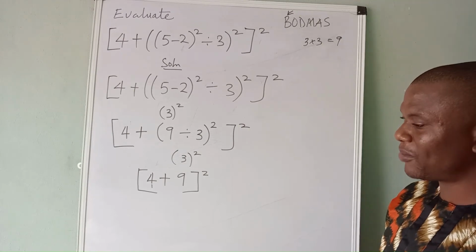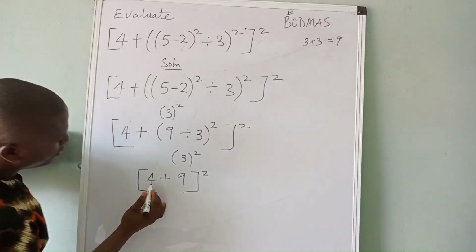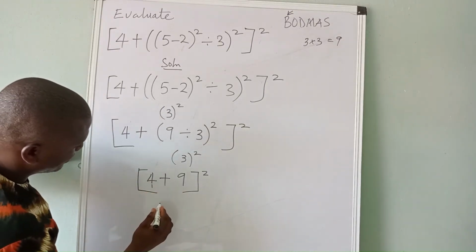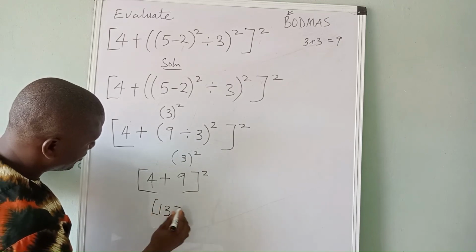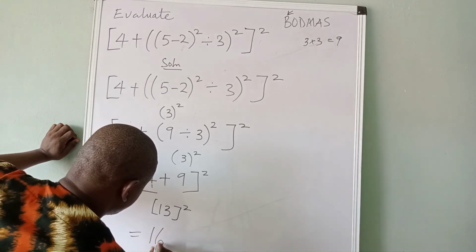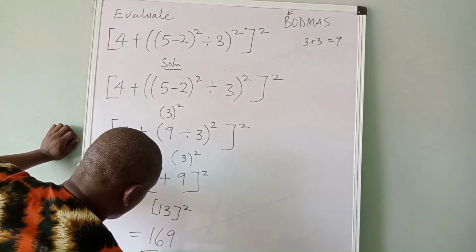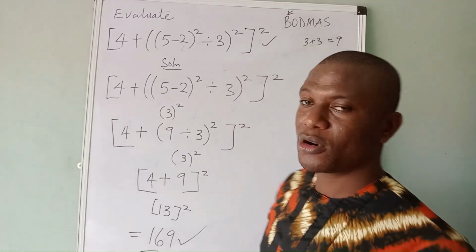We still have a bracket. So it's good to clear it. 4 plus 9 is 13, raised to the power 2, which is the same as 169. So this is the solution after evaluating this problem.